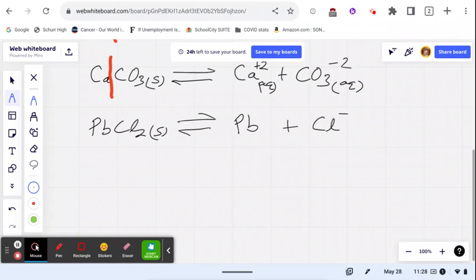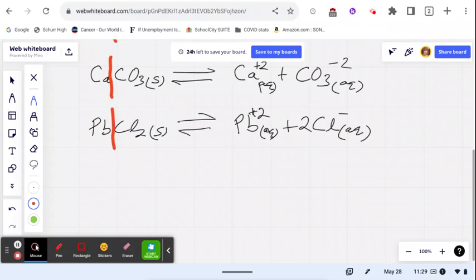So there are actually going to be two chlorides, with a total of two negative charges. To cancel out, the positive ion, there's only one lead, has to be a +2. And they're both aqueous. This aqueous thing is going to come into play in our problems. So really we're breaking this up right between the lead and the chloride.